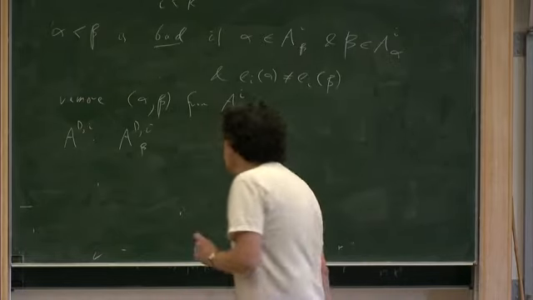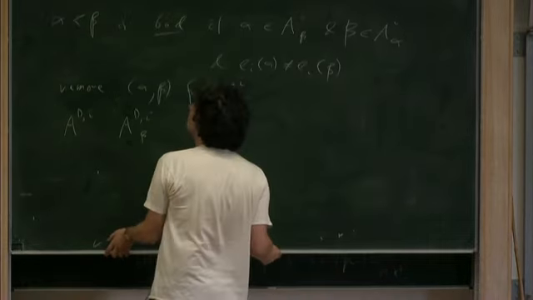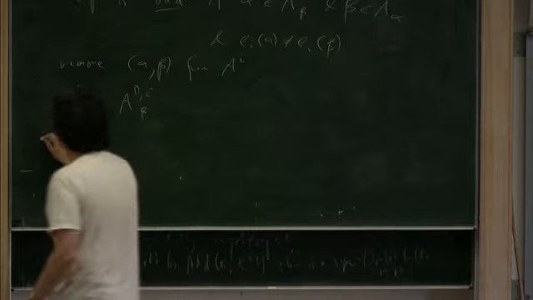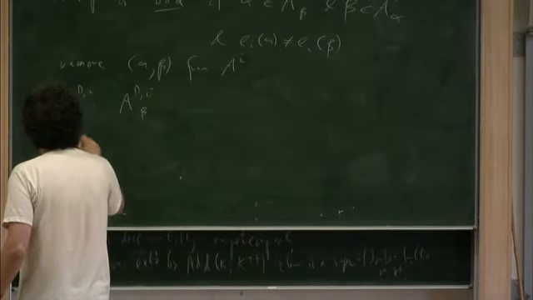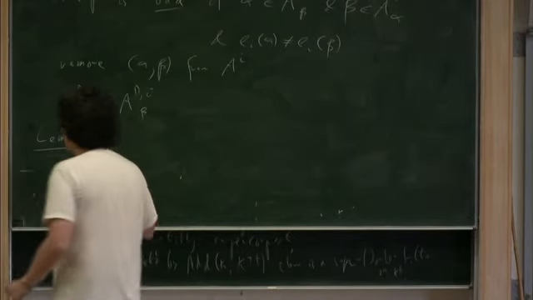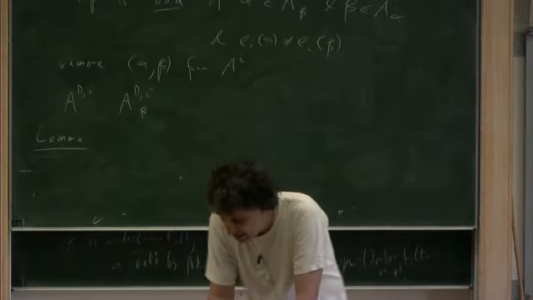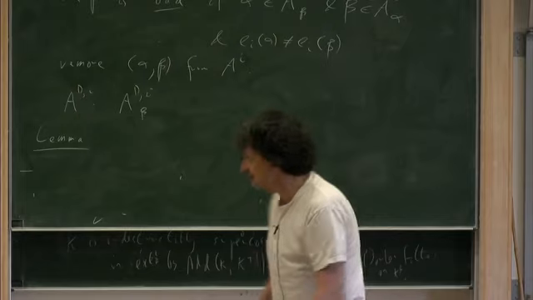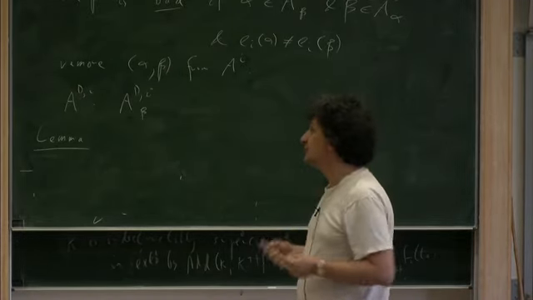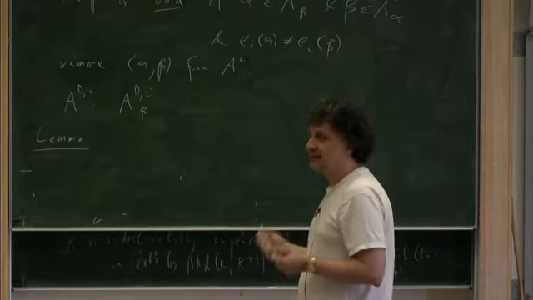Here's a lemma, and if you remember what I said before about the strange business of the least size of a positive set versus the least size of a measure 1 set, this lemma should be quite comforting.